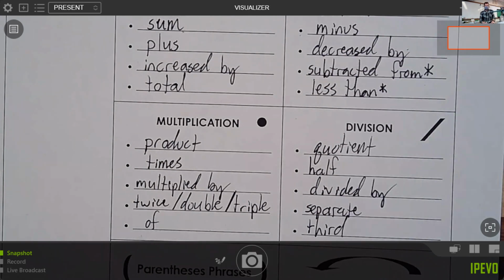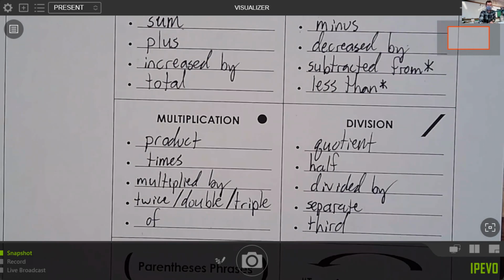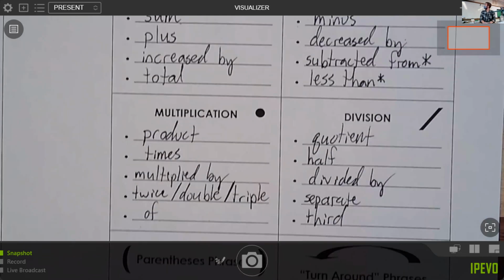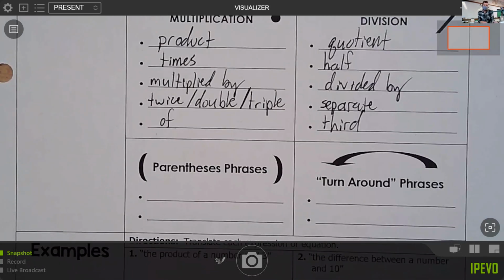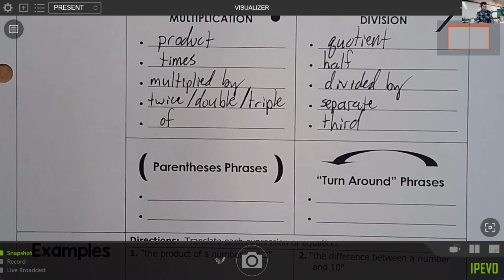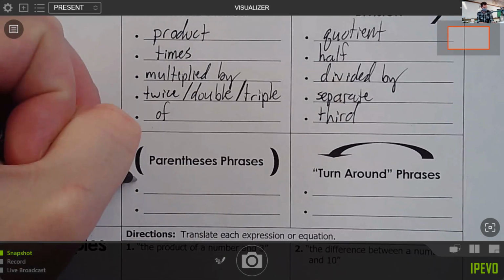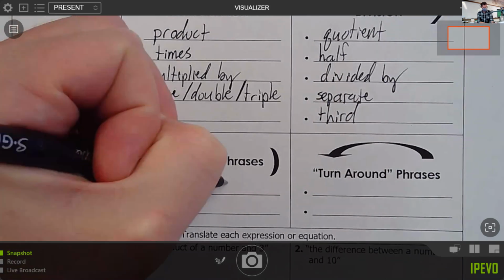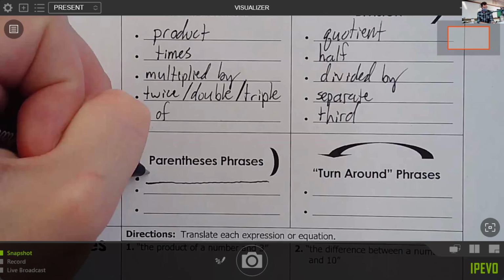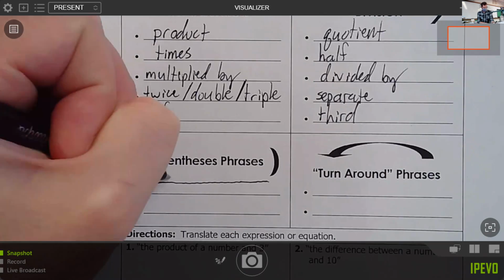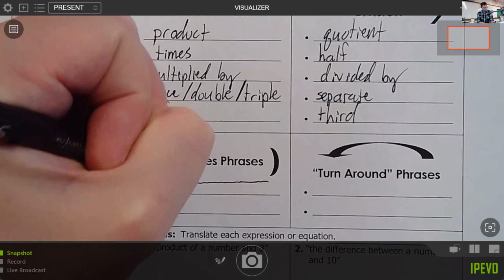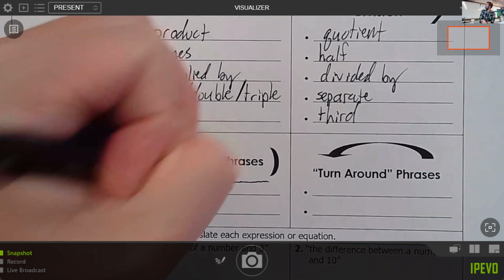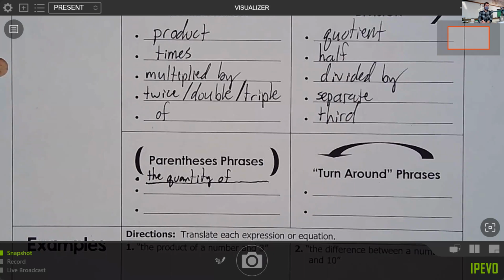All right. We've got some parentheses phrases that we're going to be dealing with as well. So parentheses phrases. I'm going to put a third one here. The third one up top: the quantity of. I think I taught you that one yesterday. The quantity of implies parentheses.